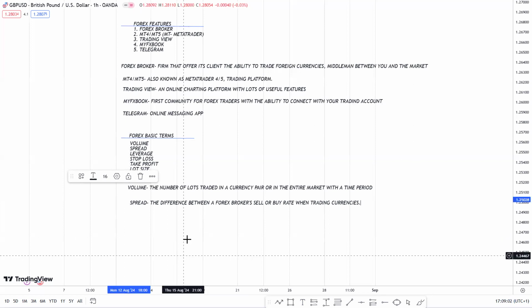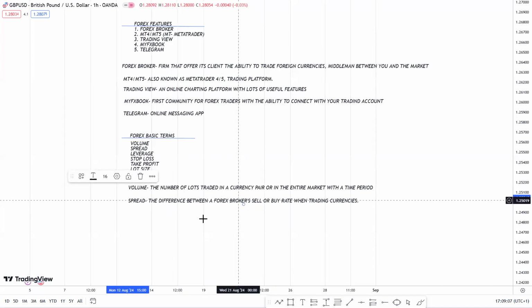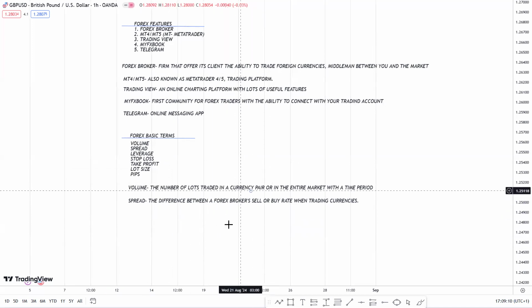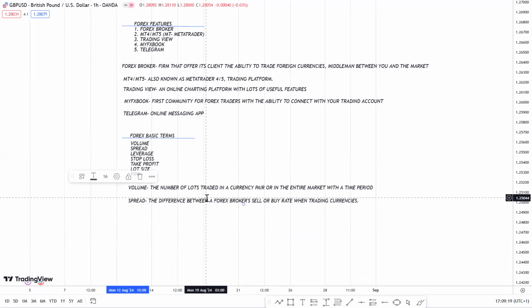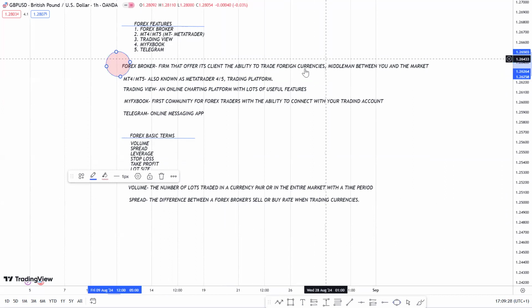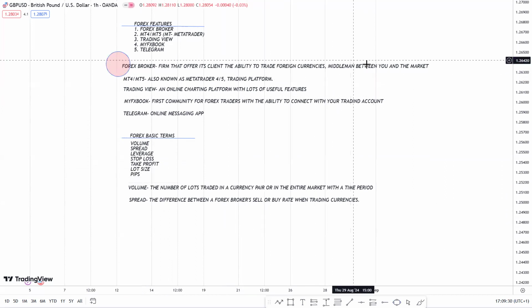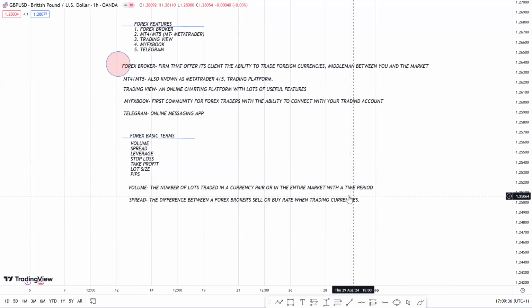So spread is the difference between the sell rates or buy rates a forex broker charges you as a trader to trade. This spread is the commission because, like I said, forex brokers are firms that offer clients the ability to trade foreign currencies. It's the middleman between you and the market. So the spread is the rate they charge you as a trader to give you the grace to trade the financial market. So that's all it is.